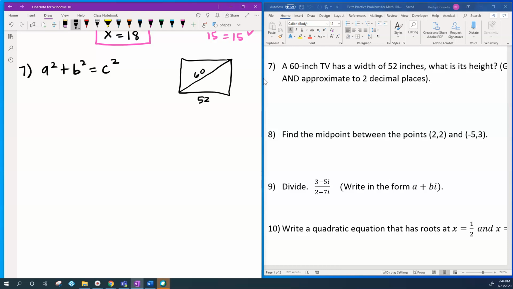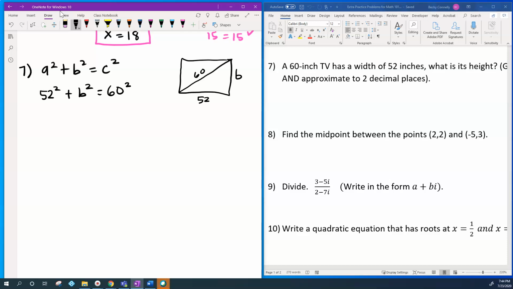It doesn't matter which, but I'm going to put it in place of a, and we'll call b this other side. Oh, that looks really weird. Let me redo that. All right, so I'd have 52 squared plus b squared equals 60 squared.